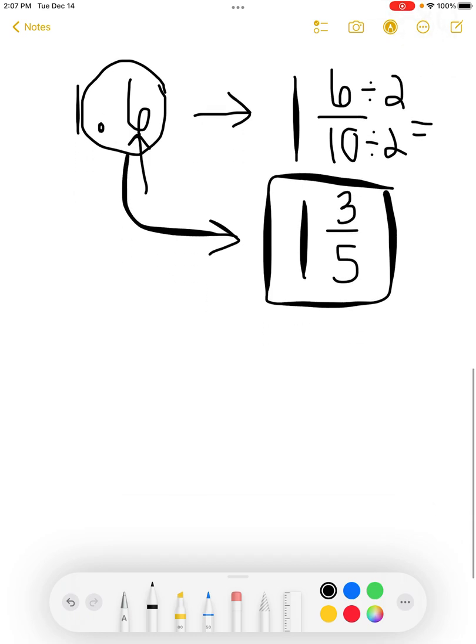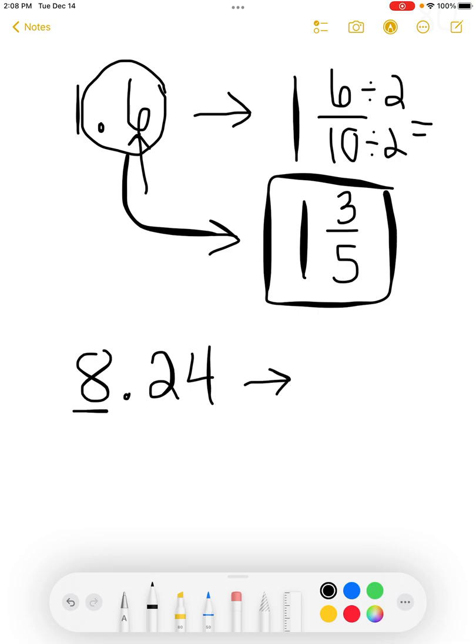Let's try one where we have two numbers after the decimal. 8 and 24 hundredths. Just like with our first example, our whole number will stay the same out in front. Our decimal part will be the numerator of the fraction. Think about what number you hear when I say this properly. 8 and 24 hundredths. You heard me say hundredths.